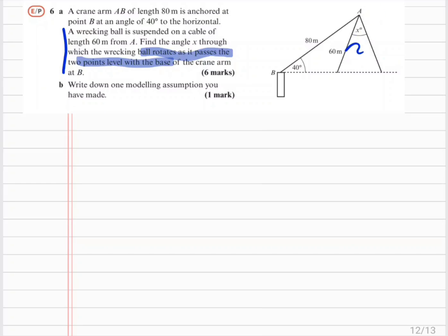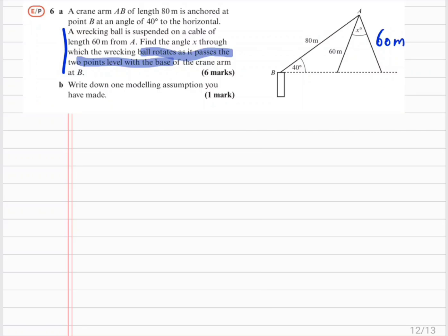So essentially, this is the important part, because we have this wrecking ball which rotates about A. So the path is essentially that of the wrecking ball, which means that if here is 60 meters, then also here is 60 meters.